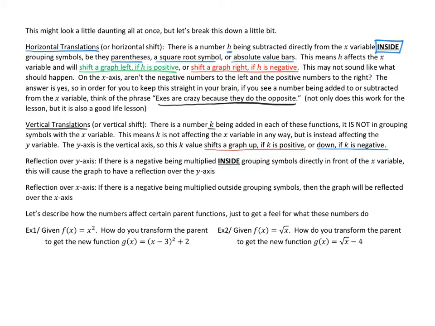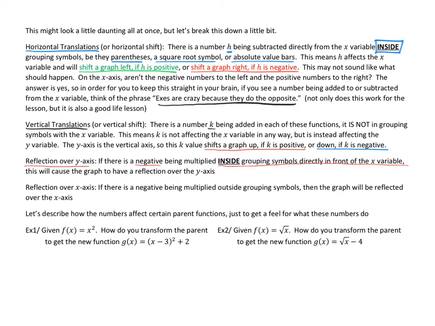And then we have these two reflections, and we can get more in depth into that a little later. But we can reflect over the y-axis if there is a negative inside the grouping symbols directly in front of the x variable.